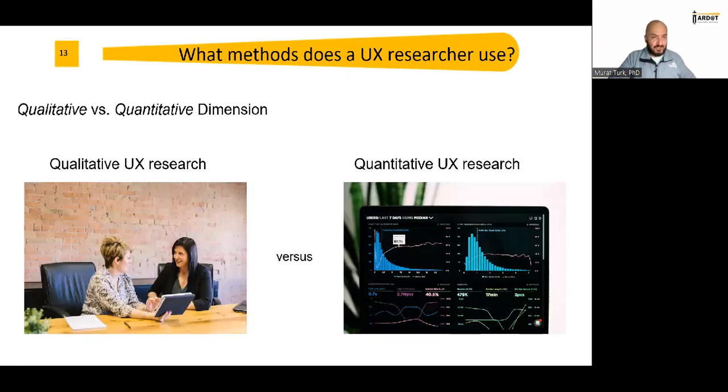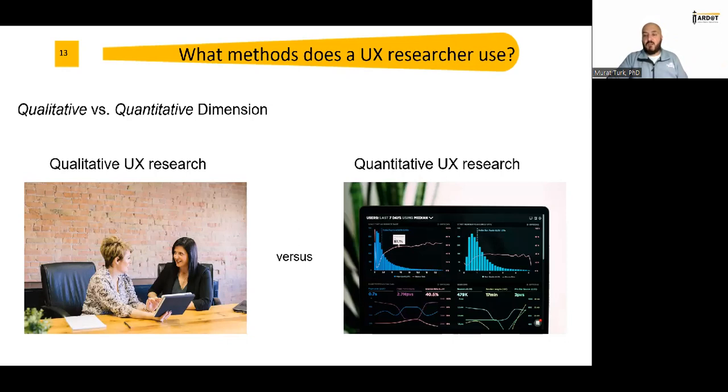Another dimension and distinction is about qualitative versus quantitative dimension. Very similar to academic research. In qualitative UX research, we use research methods to collect data about user behaviors and also their attitudes based on directly observing and hearing a small group of people, and qualitative UX research methodology basically answers the questions of why and how, right?